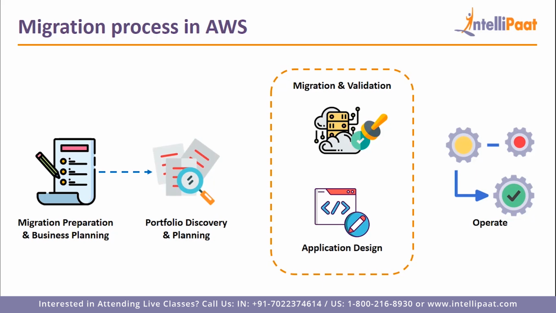So in portfolio discovery and planning, what exactly happens is they'll test the readiness for migrating. The readiness, in the sense of migrating an application into the cloud, means all of the required essential software and the environments, the instances, the virtual machines, the databases, all of them should be created, and if needed, they should be connected according to the plan which was created first.